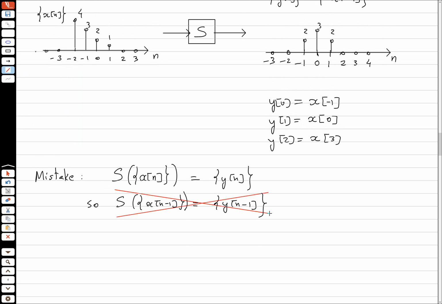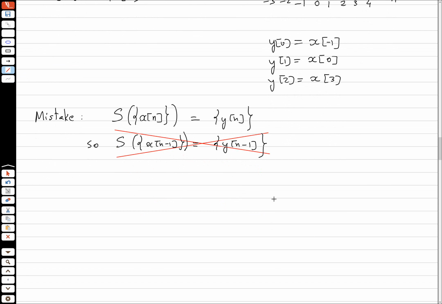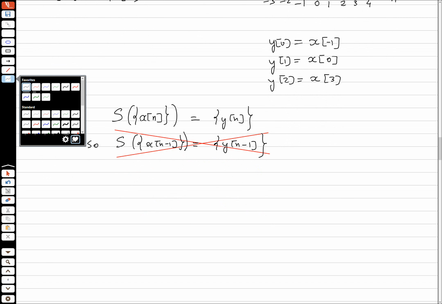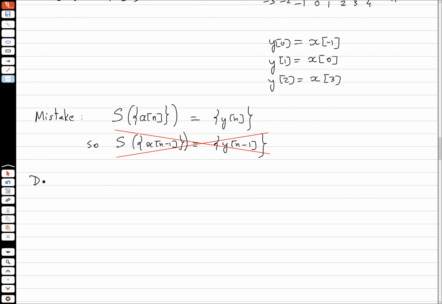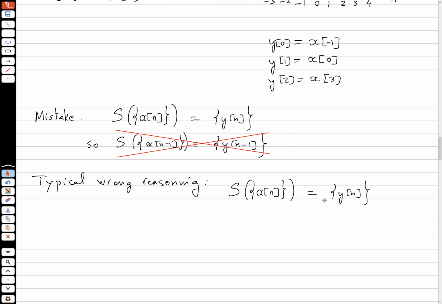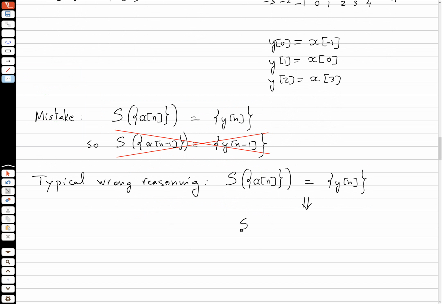All right, so I need to explain. The typical wrong reasoning is to say that this implies S of x of p equals y of p.